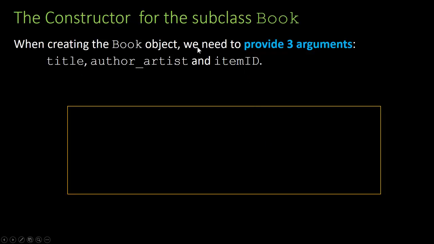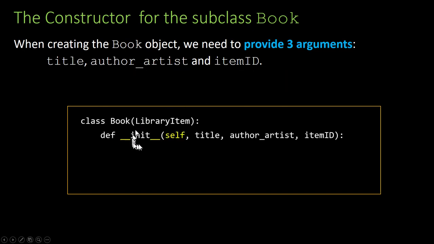Now let's take a look at the constructor for the subclass Book. When you create the Book object, you need to provide three arguments: title, author or artist, and the item ID. So in your constructor for the subclass, under the init, with the first parameter self and then followed by three arguments, when you instantiate, let's say item2 as a Book object for this particular title called Baby Book, written by Mary, who is the author, and then the item ID, BAB002.